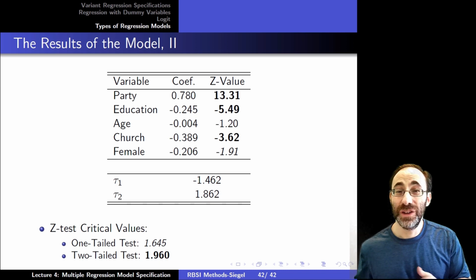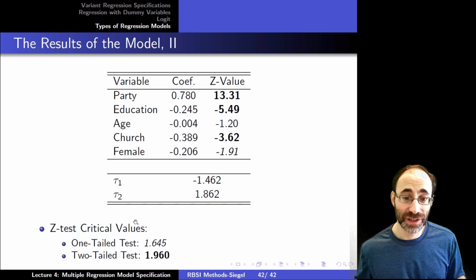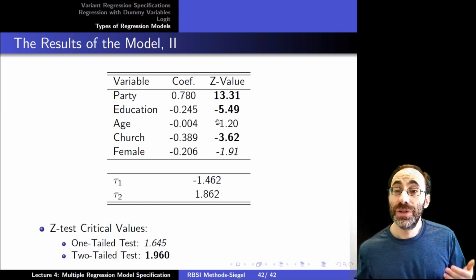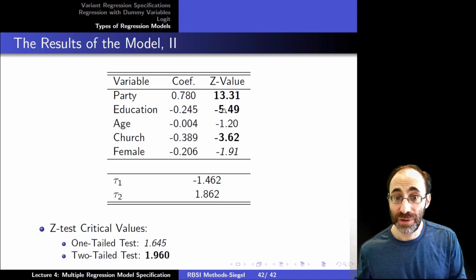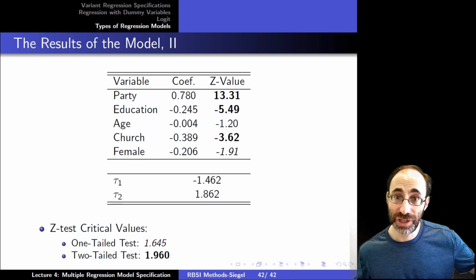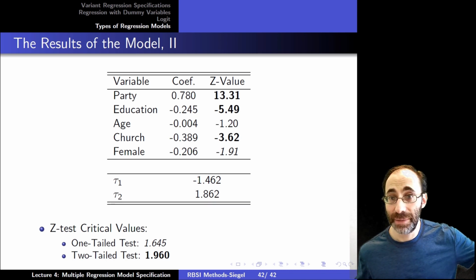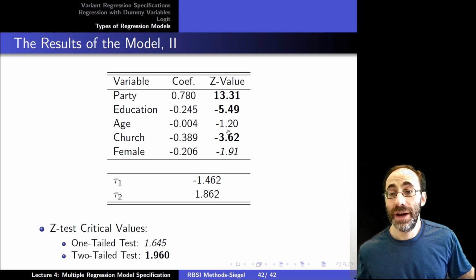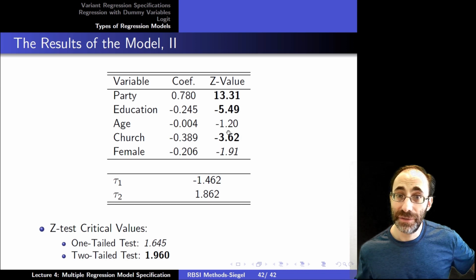So even though this is a totally new model you've never seen before that involves funky tau cutoffs, these are lowercase taus, that you can ignore, you can tell just by using what you learned before that in this model, party, education, and church going are significant predictors of one's opinion on the moral climate change during President Clinton's time in office at the 95% confidence level.